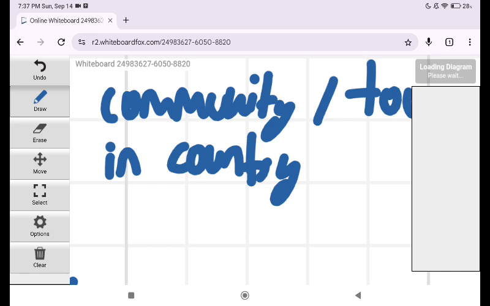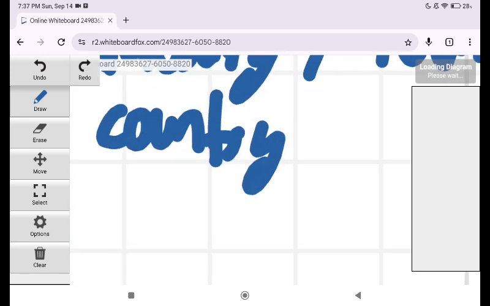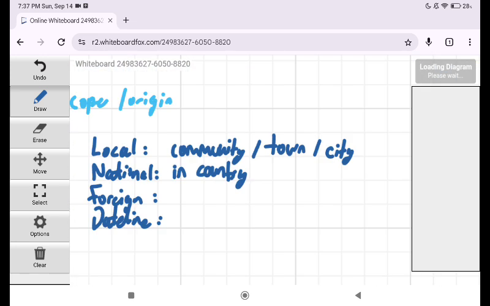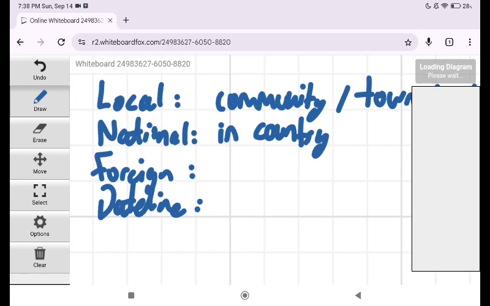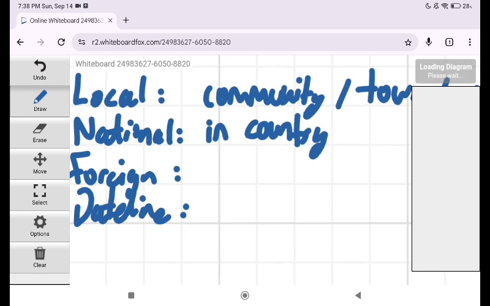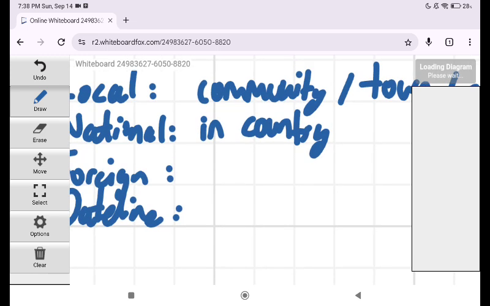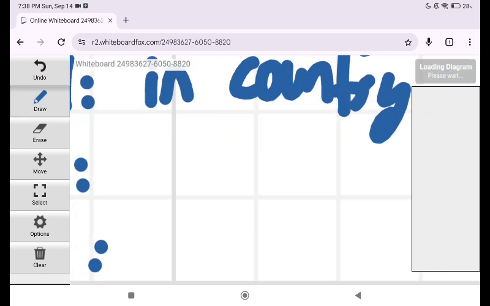Or basically, to put it in a different way, it's about national events. Foreign news is news from foreign countries, or international news.